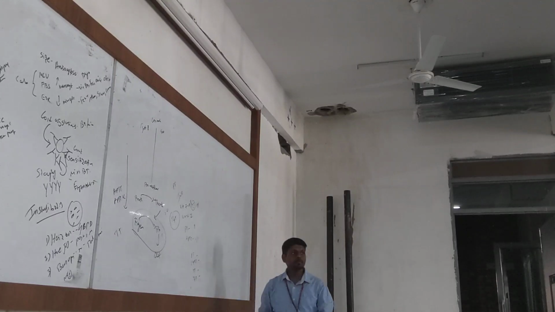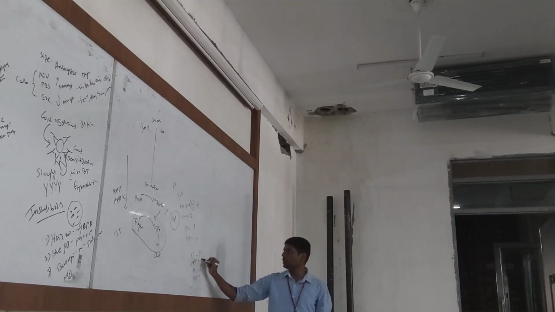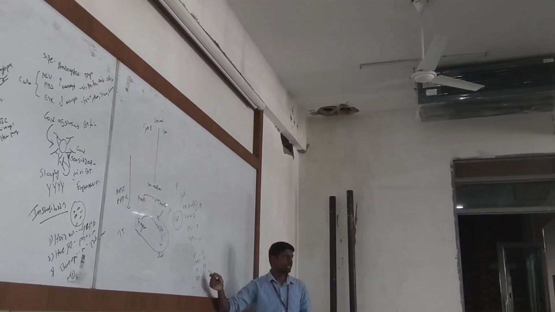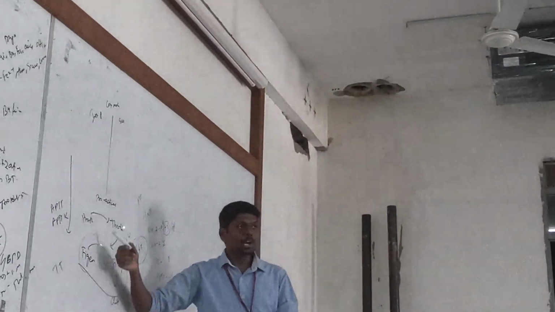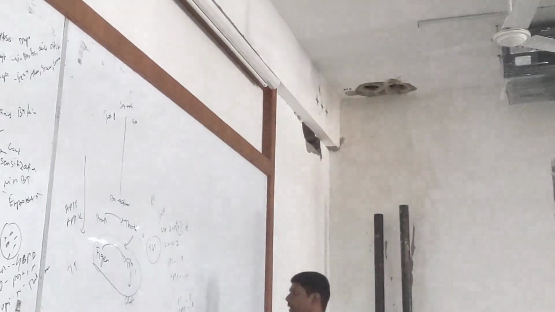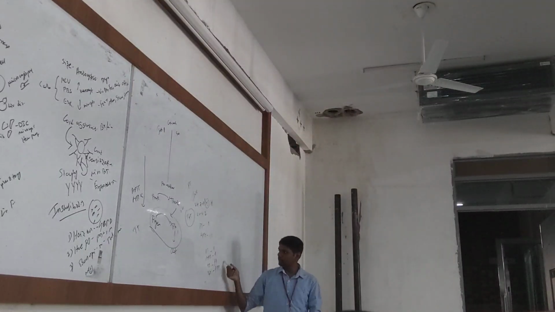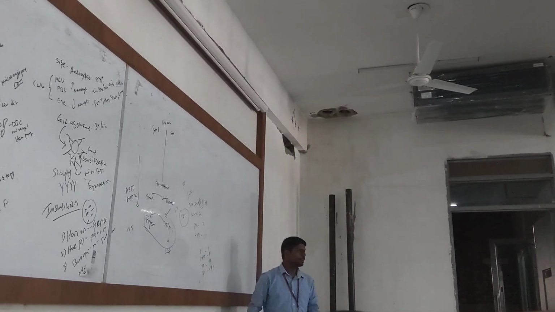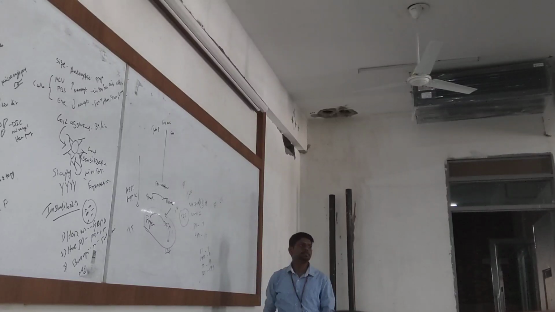PT and APTT will moderately increase, whereas TT will be drastically increased because there is no fibrinogen. And overall TGT will also drastically increase. These will be the results of afibrinogenemia.